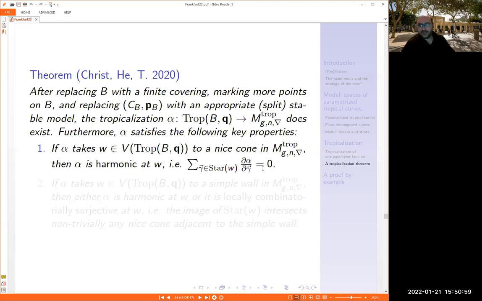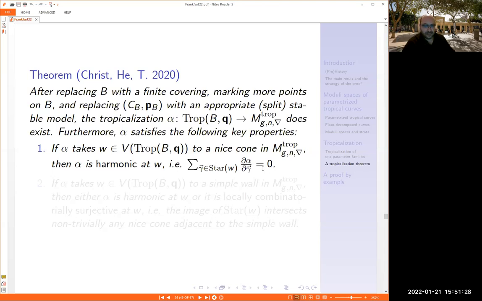In other words, if you look at the image of the tropicalization of the base inside a nice cone in the moduli space, it looks like a tropical curve. It's a balanced curve. It's not just some one-dimensional object, it's a balanced curve. Balanced is something very rigid. It allows you to have very good control on how it can look inside a nice cone.